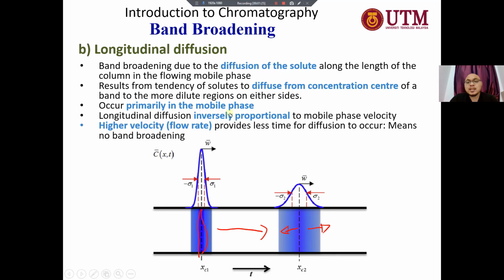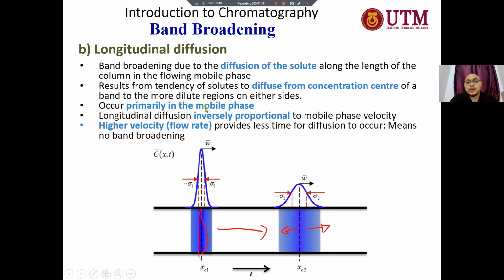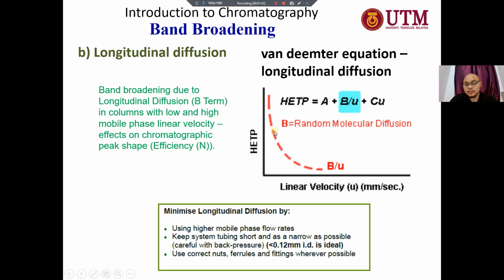Longitudinal diffusion is inversely proportional to mobile phase velocity. Higher velocity provides less time for diffusion to occur, meaning less band broadening. If you look at the graph, if we use a high velocity or flow rate of the mobile phase, we can increase the efficiency of separation.